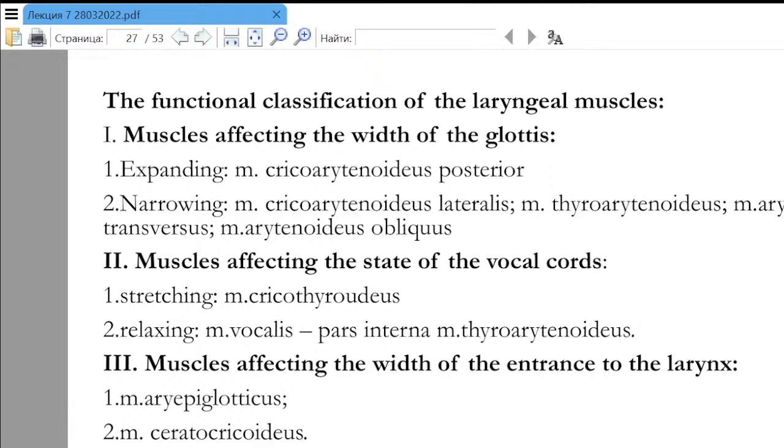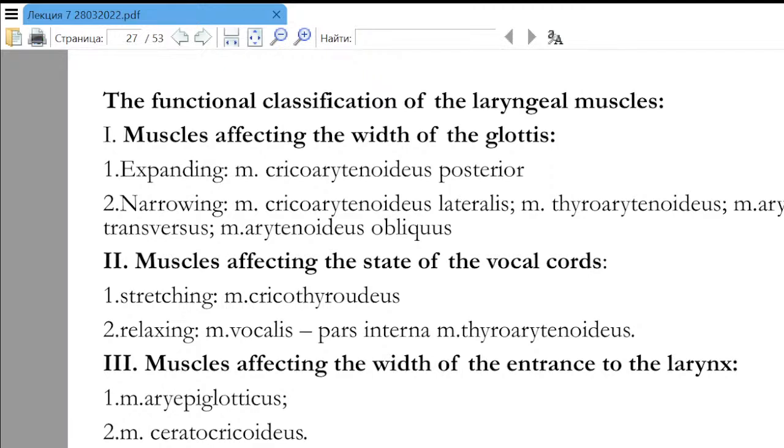Narrowing: musculus cricoarytenoideus lateralis, musculus thyroarytenoideus, musculus arytenoideus transversus, musculus arytenoideus obliquus. Second group, muscles affecting the state of the vocal cords. Stretching: musculus cricothyroideus. Relaxing: musculus vocalis, pars interna of musculus thyroarytenoideus.